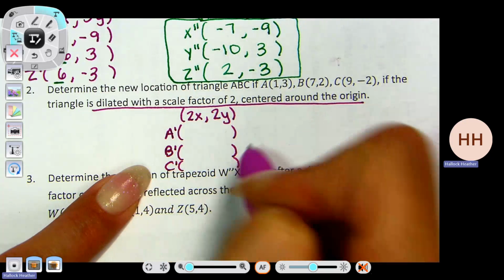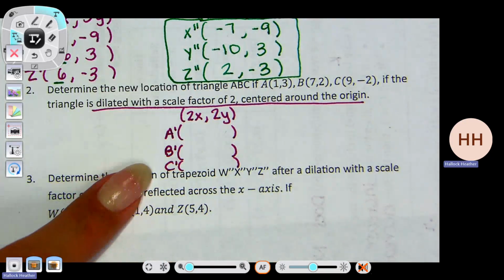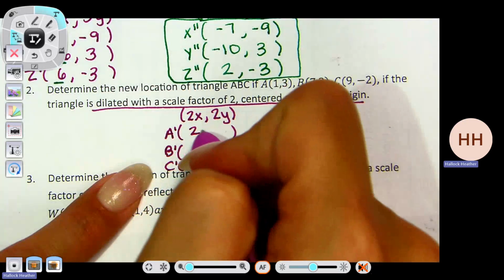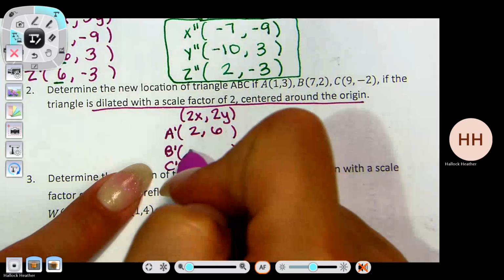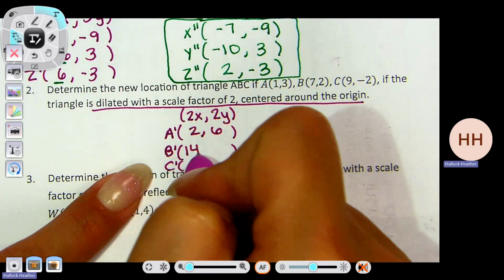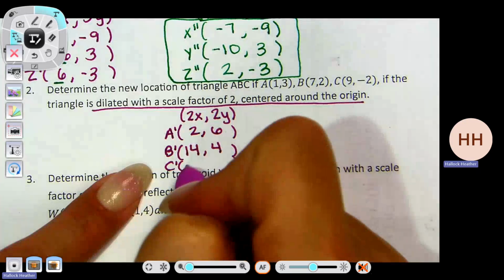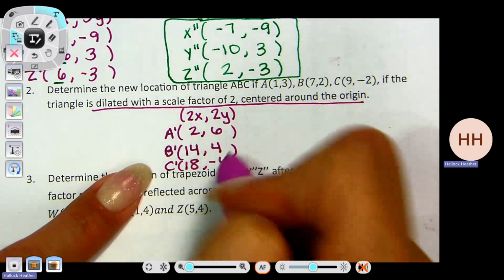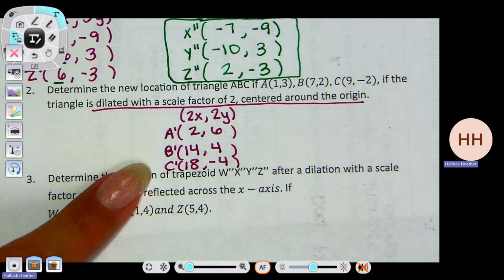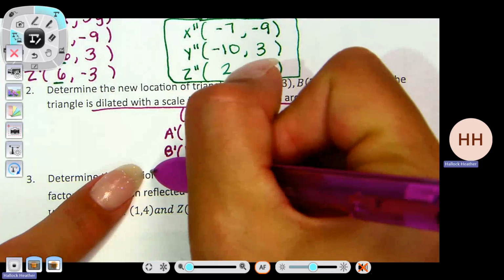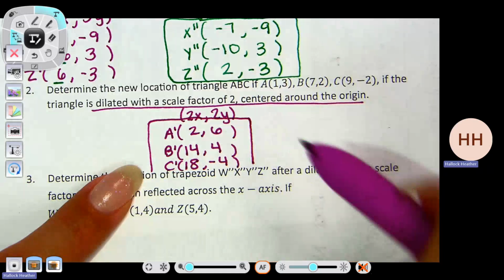That's why there's no graphs, because you don't want to graph this. So where's A end up? 2, 6. Where's B? 14, 4. And 18, -4. You don't want to graph that because those numbers are massive. You would graph it, but it would be really rough.